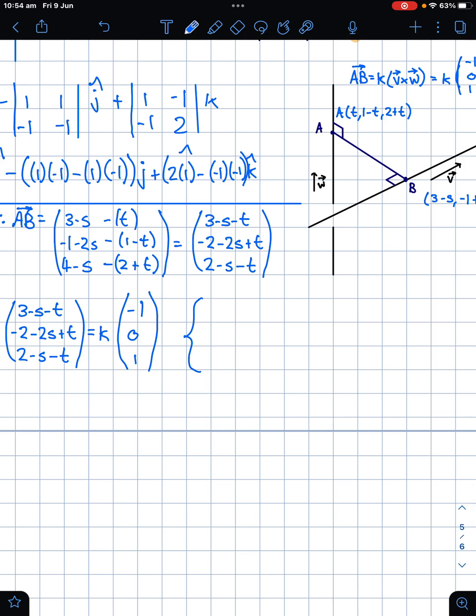So we're going to have 3 minus S minus T equals -K. We're then going to have -2S plus T equals 0. We're then going to have 2 minus S minus T equals K.